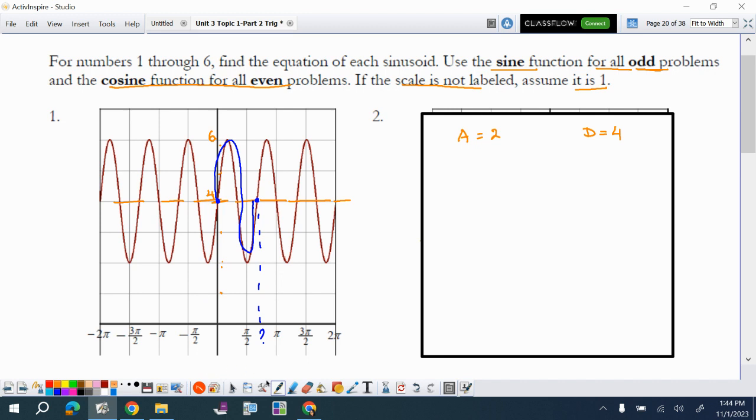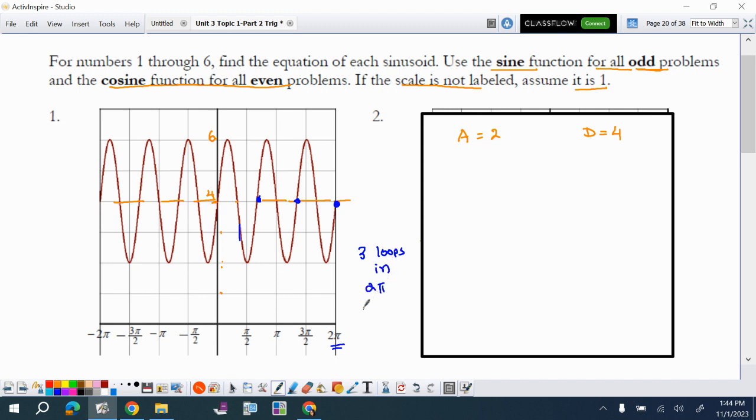So for that part, we are going to look at the entire period. Here is a 2 pi. And you can say there is one loop, two loops, and three loops in a 2 pi. There are three loops in 2 pi.